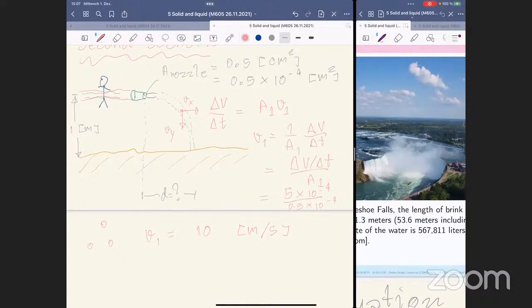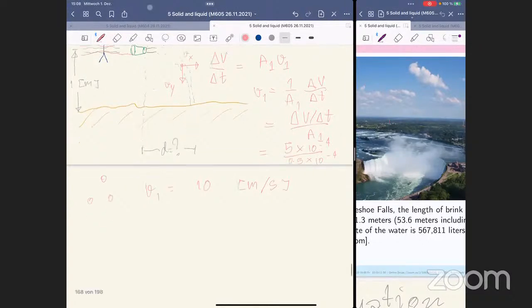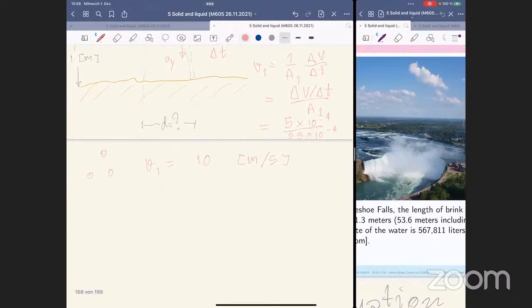But for us, let's consider the movement along the y-axis, okay, in the vertical way.